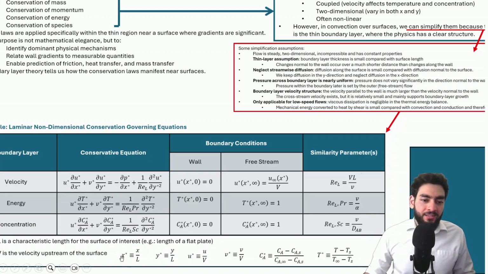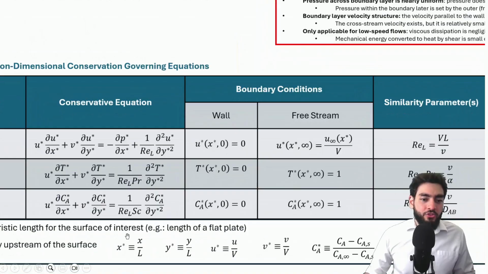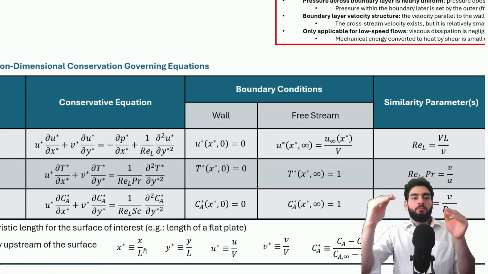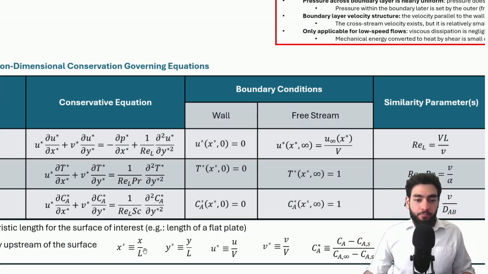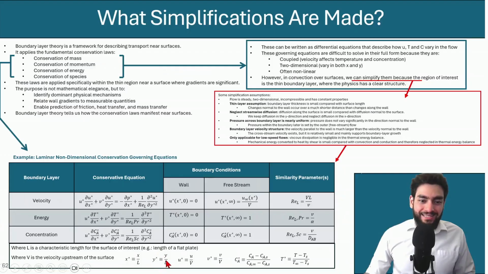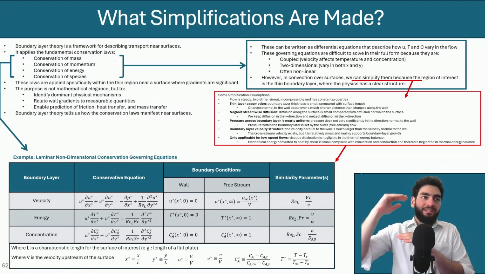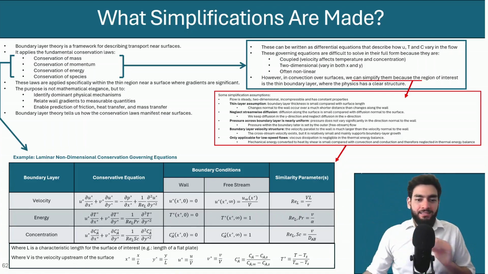An x with an asterisk is essentially the ratio of the distance x from the edge of the wall to the total length of the flat plate. Similarly, the y asterisk is the ratio of any point on the y-axis to the characteristic length of the surface we're interested in, which in the case of a flat plate will be the length of the flat plate.